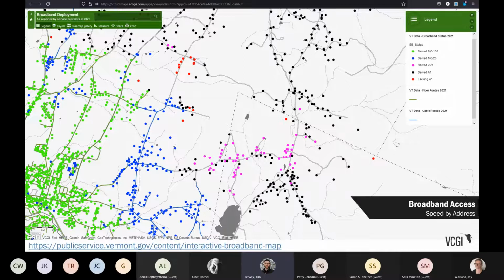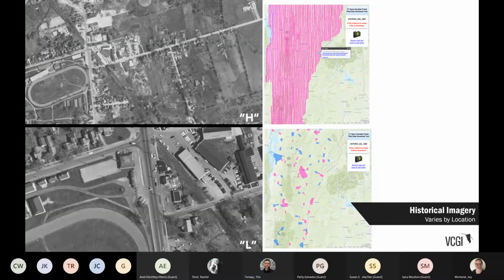Again, a perfect example of GIS being used on a really currently important issue, and relatively easy to access through some of these web mapping tools that the Public Service Department has made available.